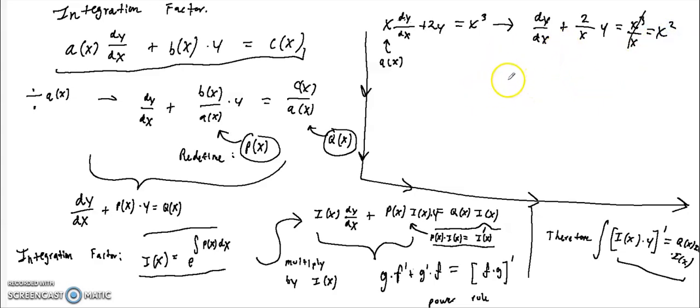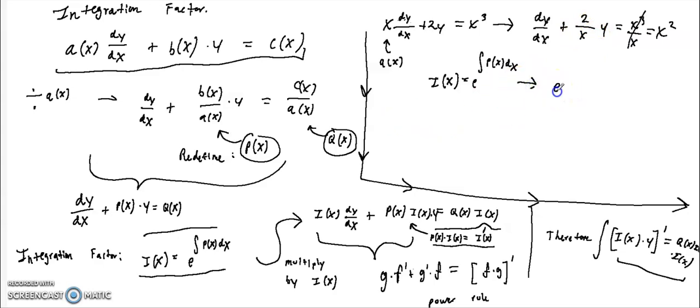So now the integration factor is defined as e to the integral of p of x. And p of x is just b of x, what's multiplied by y, divided by a of x, which was multiplied by dy. So p of x is actually just 2 over x.